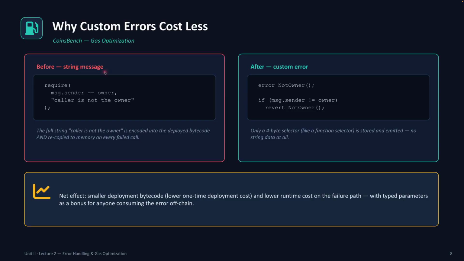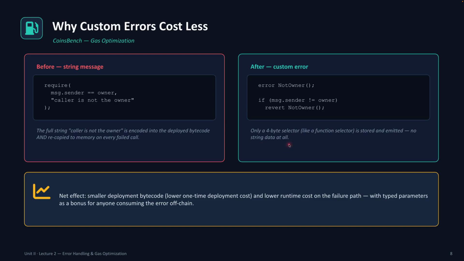However, after the introduction of custom errors, what happened? It only returns a 4-byte selector. This is like a function selector which is stored and emitted, with no string data at all.